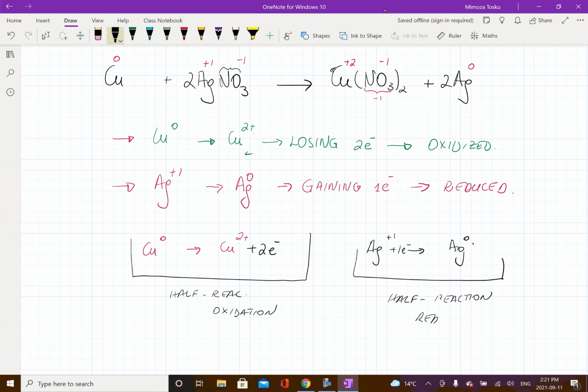And remember what we said in the previous videos, that copper is the reducing agent and silver becomes the oxidizing agent.